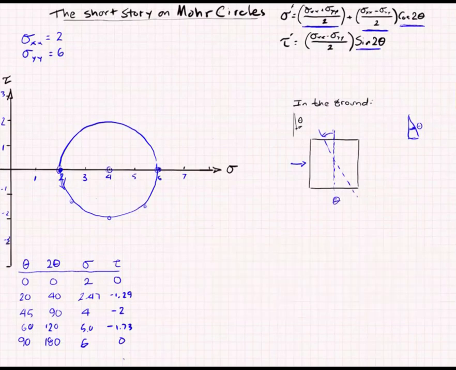A couple of things we can see here. There are 2 orientations in the ground. One here, where we've already plotted, that's at theta equals 0, which is a vertical slice where only the horizontal forces act, where there is no shear stress acting, only normal stress.